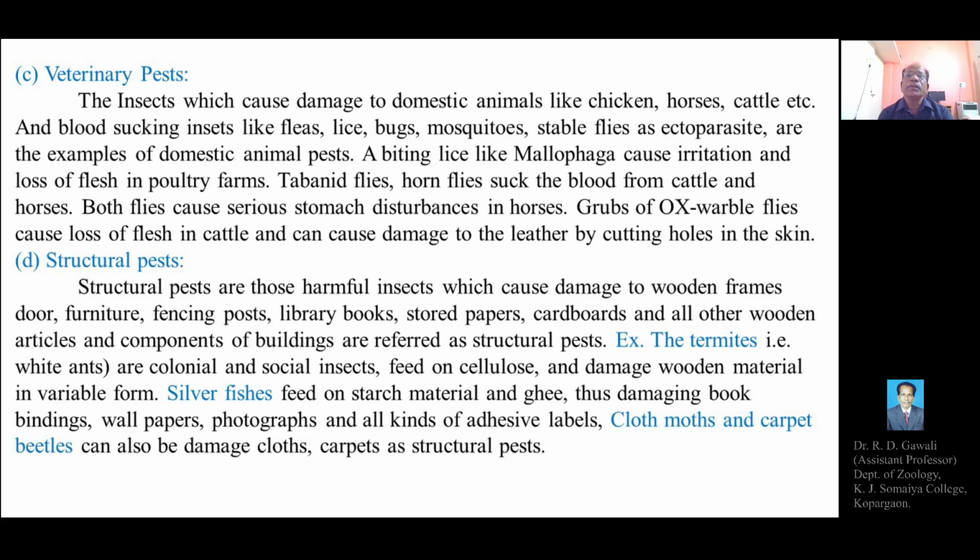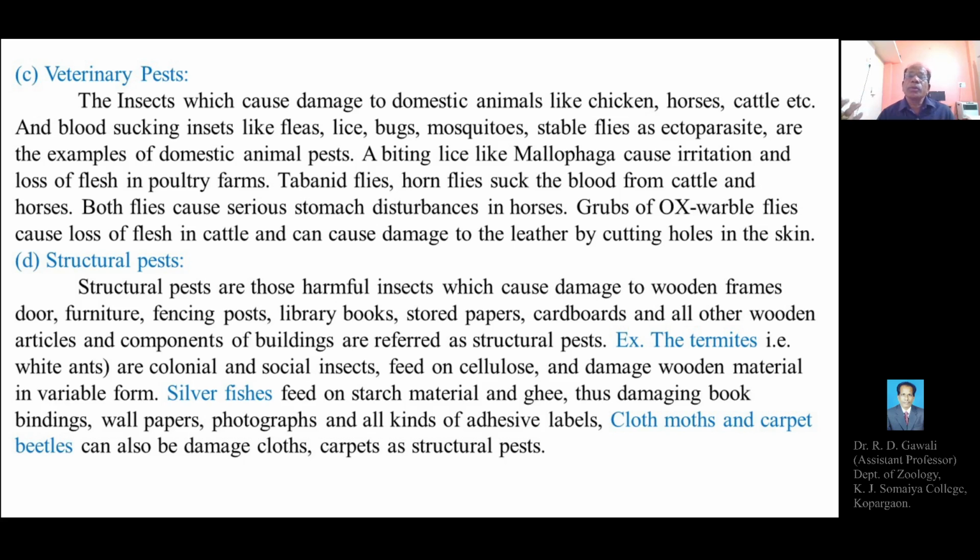Biting lice like Mallophaga cause irritation and loss of flesh in poultry farms. Tabanid flies and horn flies suck the blood from cattle and horses, and both flies, that is tabanid flies and horn flies, cause serious stomach disturbances in horses.